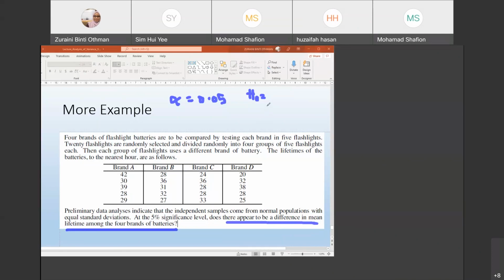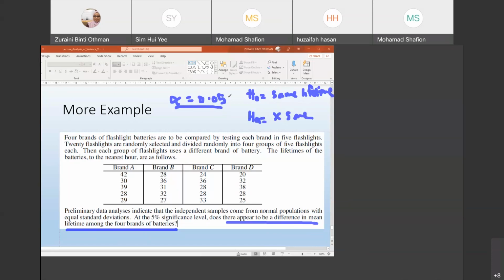H null is that there is no difference, which means all the batteries have the same lifetime. Okay, are you good, Safion? And for the alternative, not all the same, which means there is a difference.